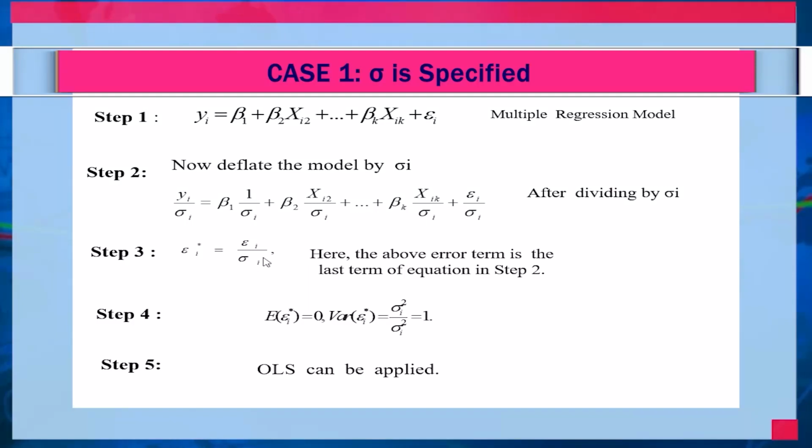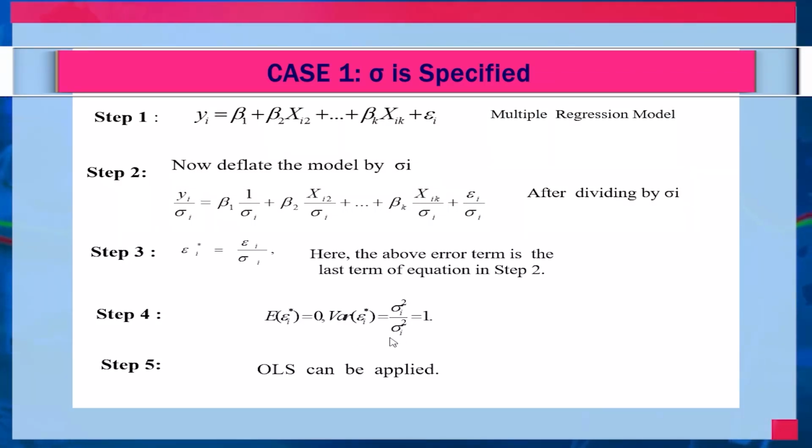So in step 3 we define a new error term epsilon i star, which is none other than the last term under step 2. We know by the OLS assumptions that the variance of epsilon i star is 1, because sigma i square by sigma i square cancels out and we get a constant variance, and the zero mean assumption. So based on these two OLS properties, we can now say that OLS can be applied.